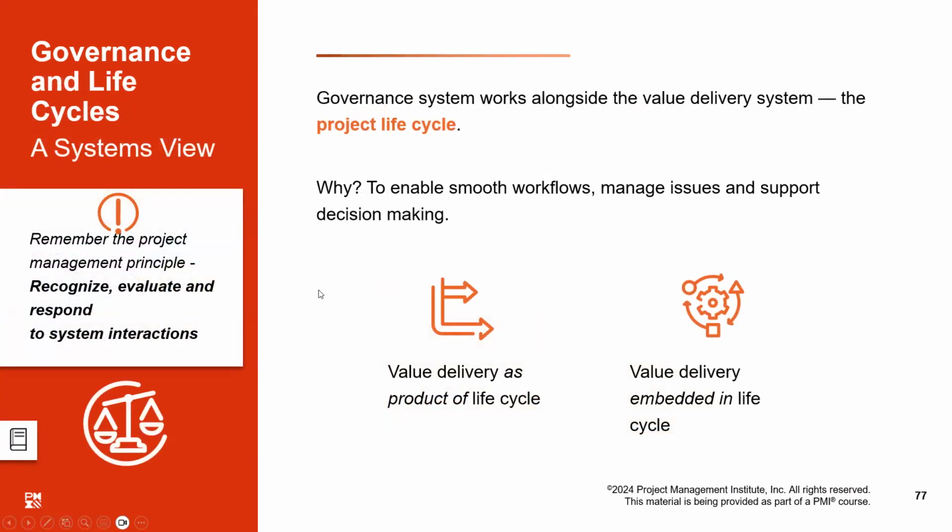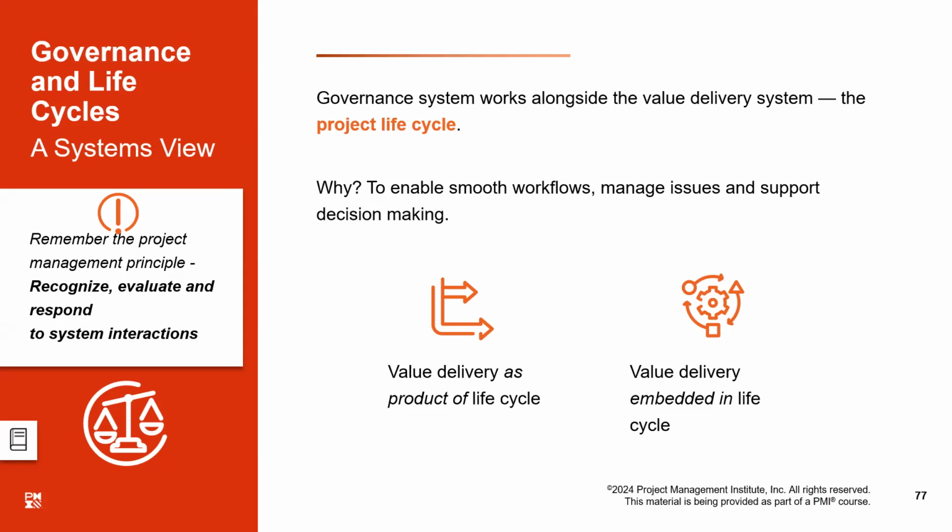Governance and life cycles. Well, as you understand, broadly speaking, there are two extremes, which I have already explained. We have a predictive method, and on the other hand, we have an agile method. The interesting thing is the value delivery in a predictive project: value delivery is a product of the life cycle.